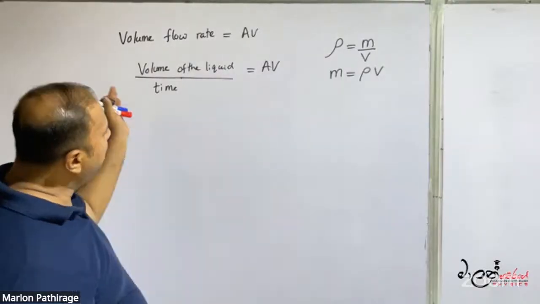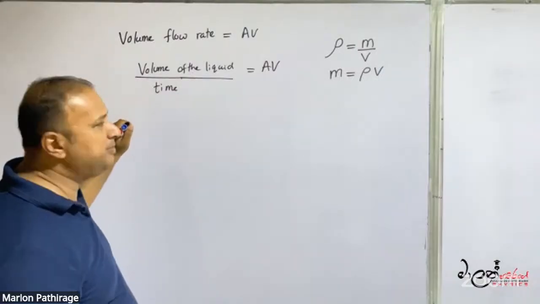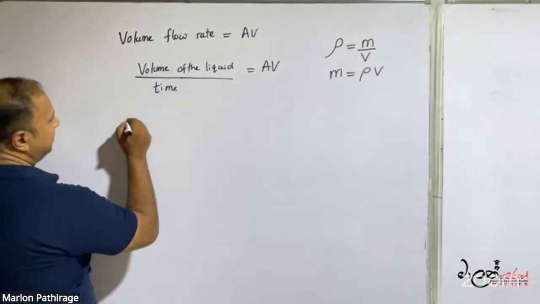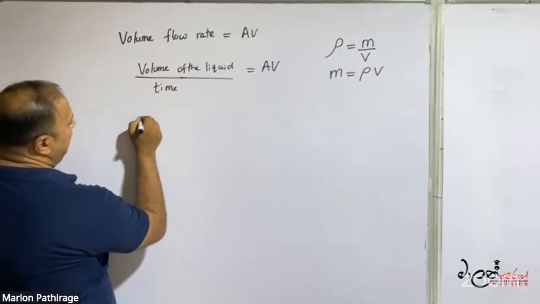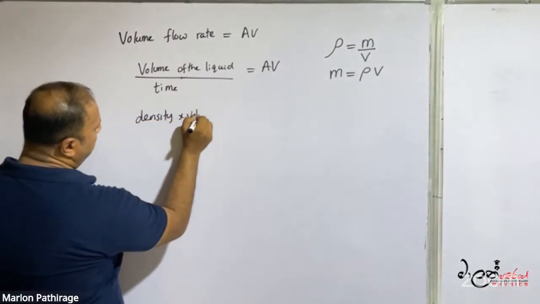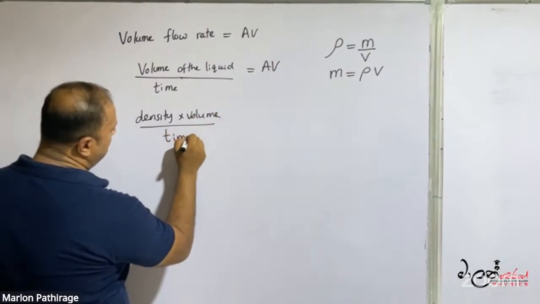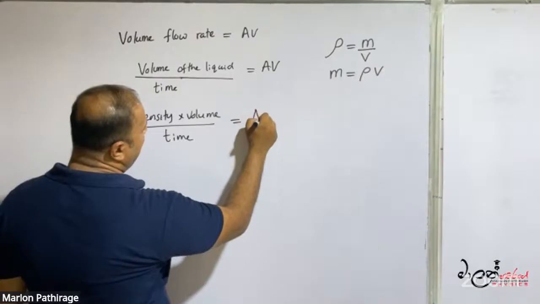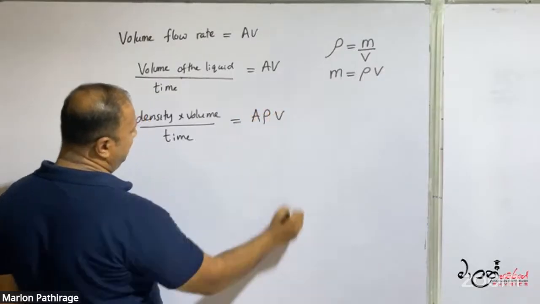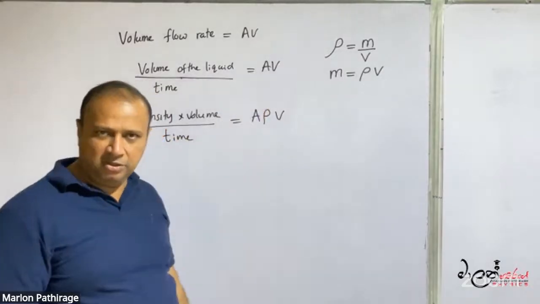So if I multiply both sides by density, density into volume divided by time is equal to A rho V. Density into volume means mass.